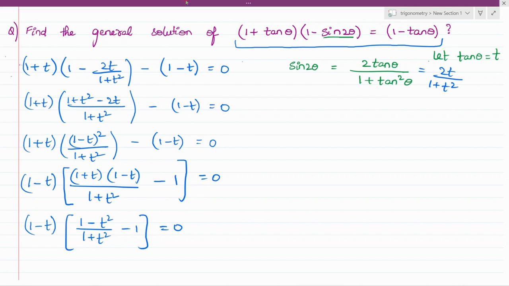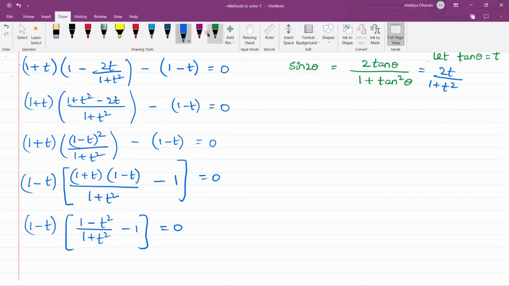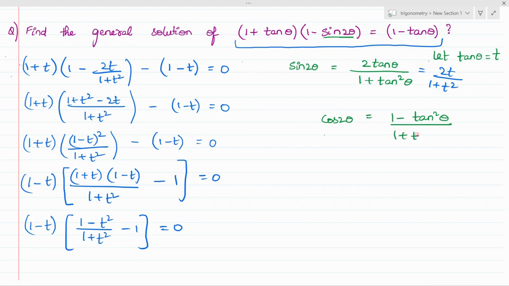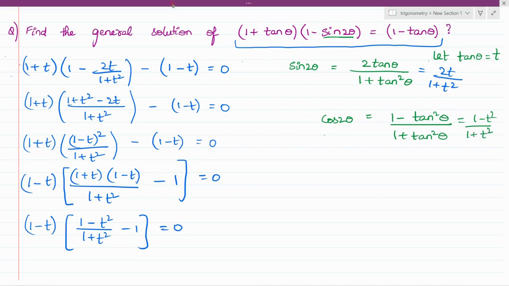So if you remember, the formula for cos 2 theta is 1 minus tan square theta upon 1 plus tan square theta. So it's nothing but 1 minus t square by 1 plus t square according to our assumption.